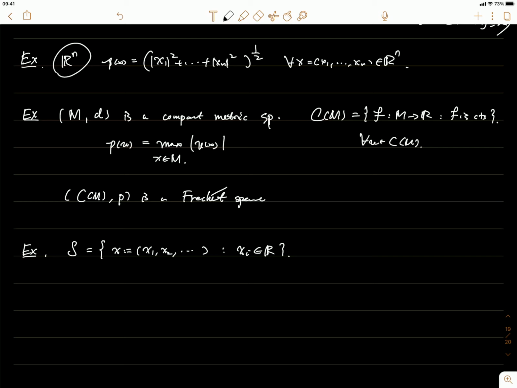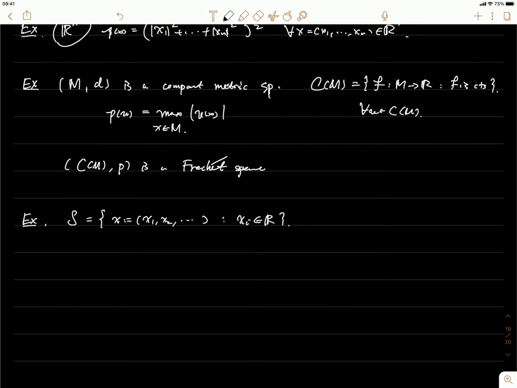And right now we also want to show that this S has a P defined. So let's define how P is defined right here. We're going to define P(x) to be the sum, k from 1 to infinity, of 1 over 2 to the k, times xk over 1 plus xk.